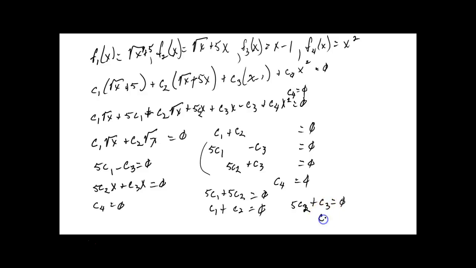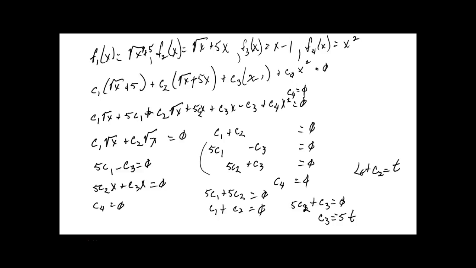So C3 is equal to 5t, or negative 5t. Okay. Let C2 equal t, right? That's where we'll start. Let C2 equal t, then C3 has to equal negative 5t, right? Okay?